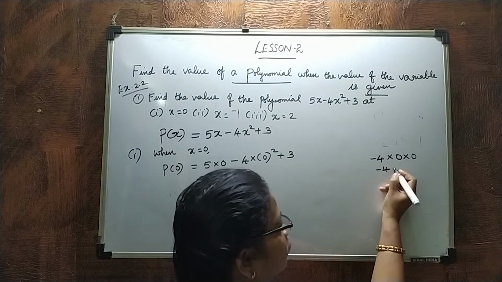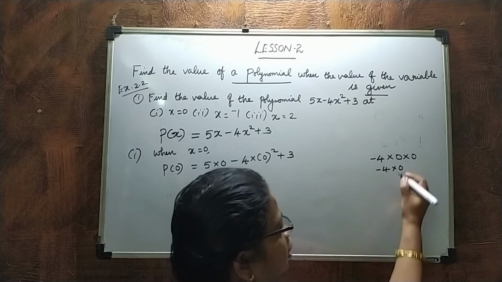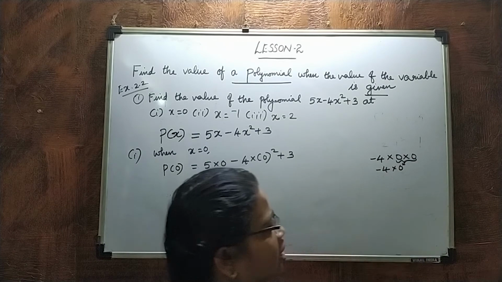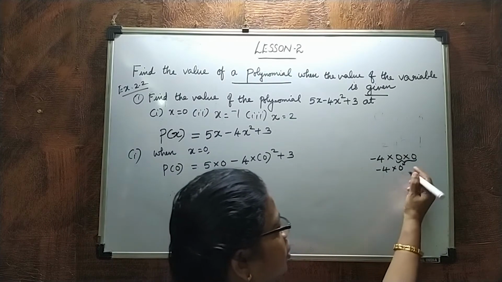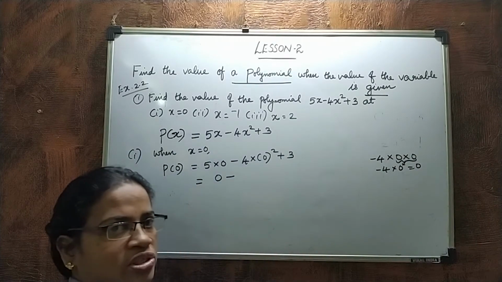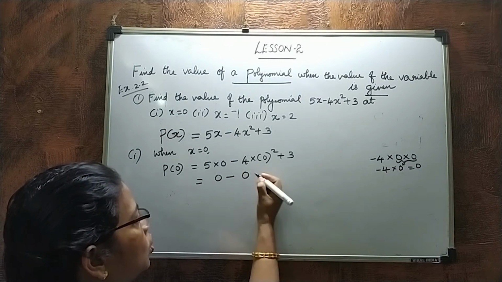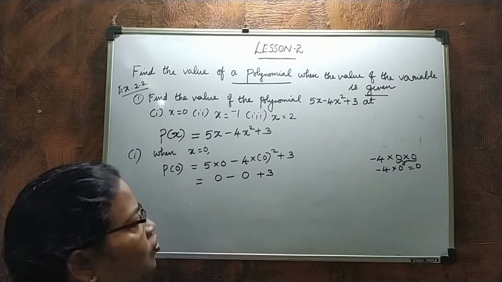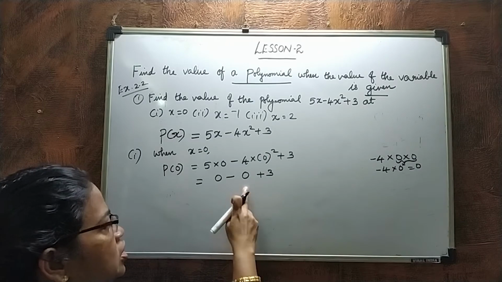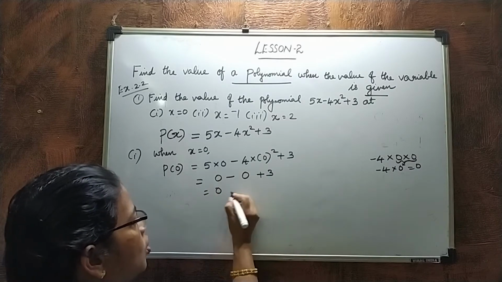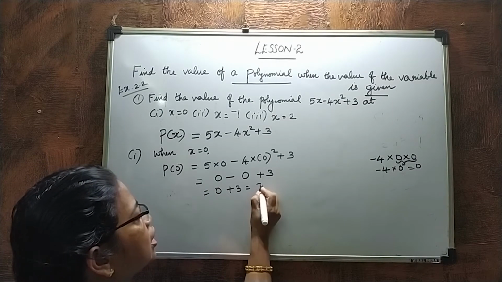Negative 4 into 0: these two zeros multiply, you will get the answer 0. What is negative 4 into 0? 0 you will get. So here 0 plus 3. Now 0 minus 0 you will get 0, plus 3. What is 0 plus 3? 3.